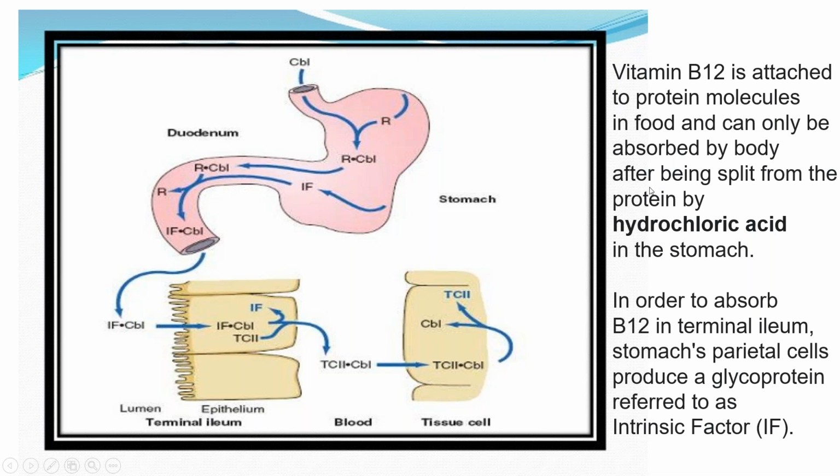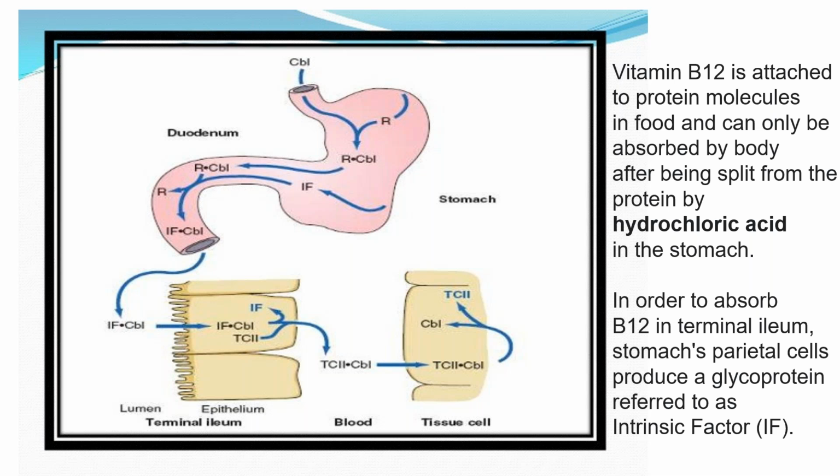The vitamin B12 is attached to a protein molecule. Let us read the statement. It can only be absorbed by the body after being split from the protein, which I told you already, by hydrochloric acid in the stomach or during cooking.